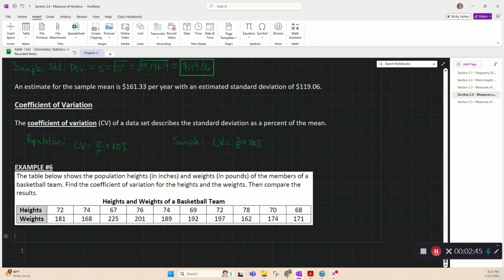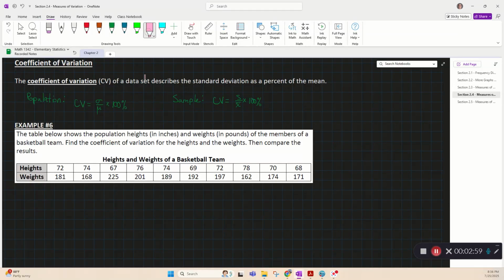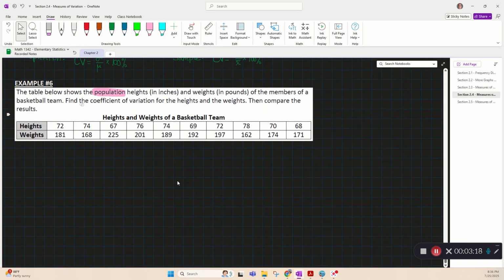Okay, the table below shows the population heights. Ooh, that's a key word there. Population. That's important. Population heights in inches and weights in pounds of the members of a basketball team. Find the coefficient of variation for the heights and the weights. Then compare the results.